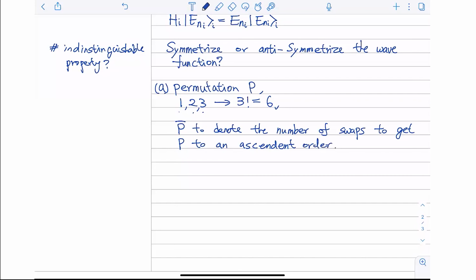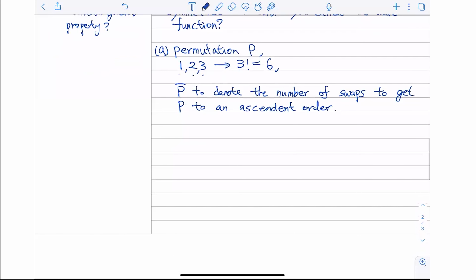So what does that mean? Suppose we have a permutation, in this 3 object case, suppose it is 2, 3, 1. This is the permutation we have. So P bar is basically the number of swaps that we need to get this particular permutation 2, 3, 1 into ascendant order, which is 1, 2, 3.